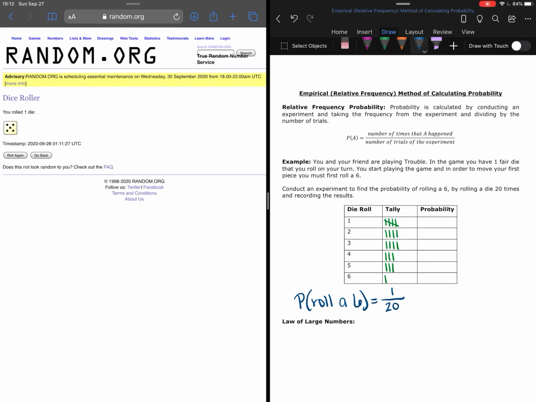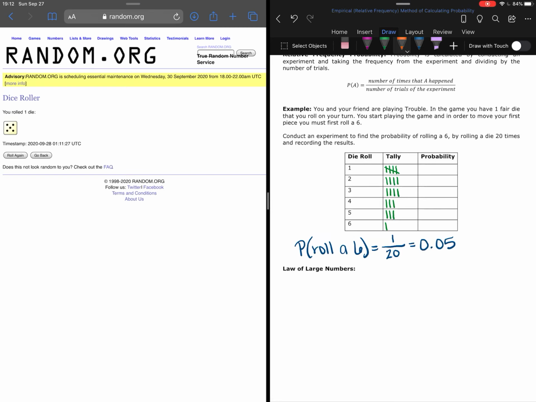So 1 divided by 20 gives us 0.05, or roughly 5%. So pretty small chance that I get a 6 based on this experiment. And this is how relative frequency probability works. You run the experiment, and that's how you calculate the probabilities.